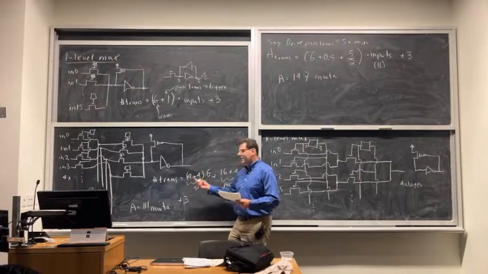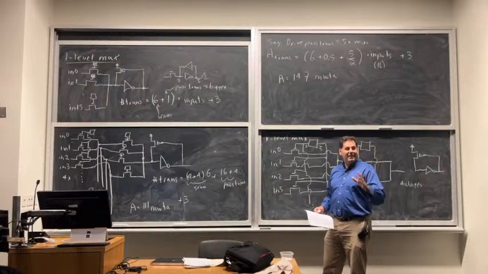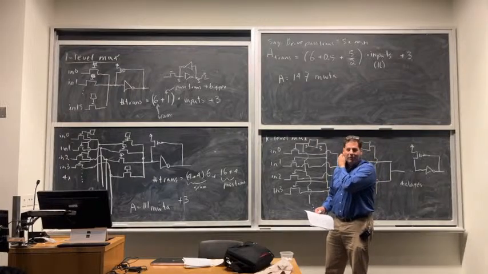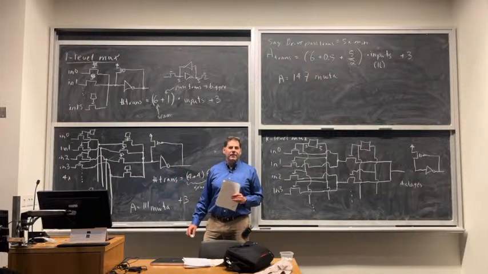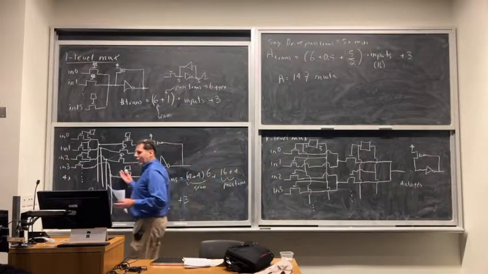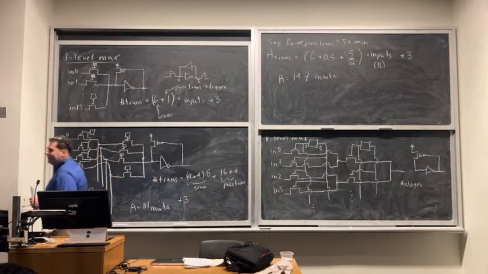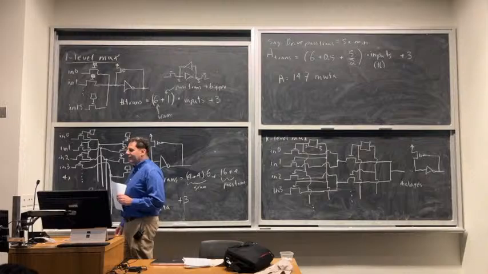What do you think its speed is? Compared to those other 2 designs, 1 level or K level, how do you think the speed of this will compare? Think it's closer to the speed of the single level? Yeah, that's a good answer.